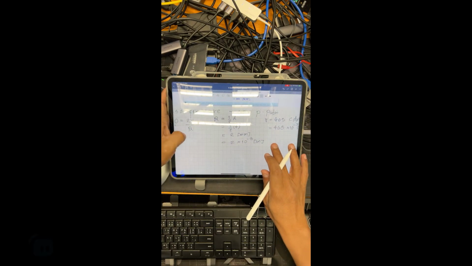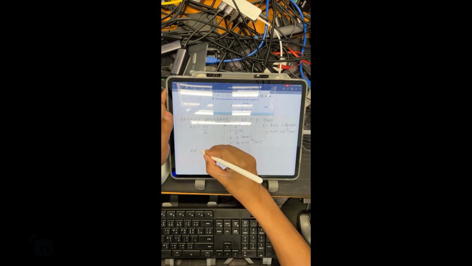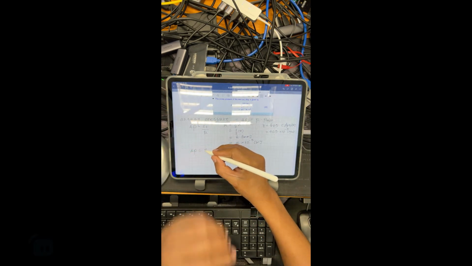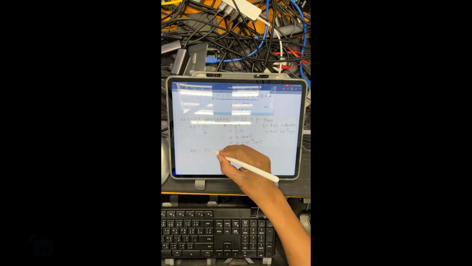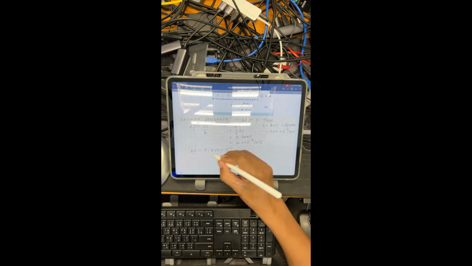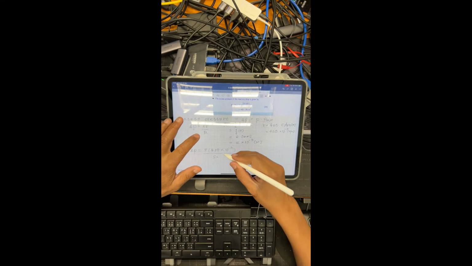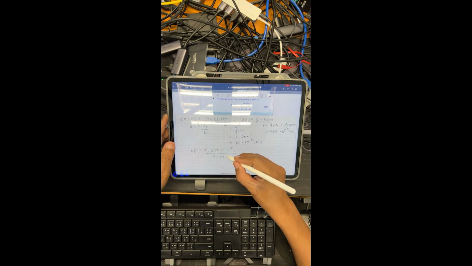Now it's time to substitute everything into the main formula, and 2 gamma means 465 times 10 raised to negative 3, and we divide it by the radius, which is 2 times 10 raised to negative 3 again.